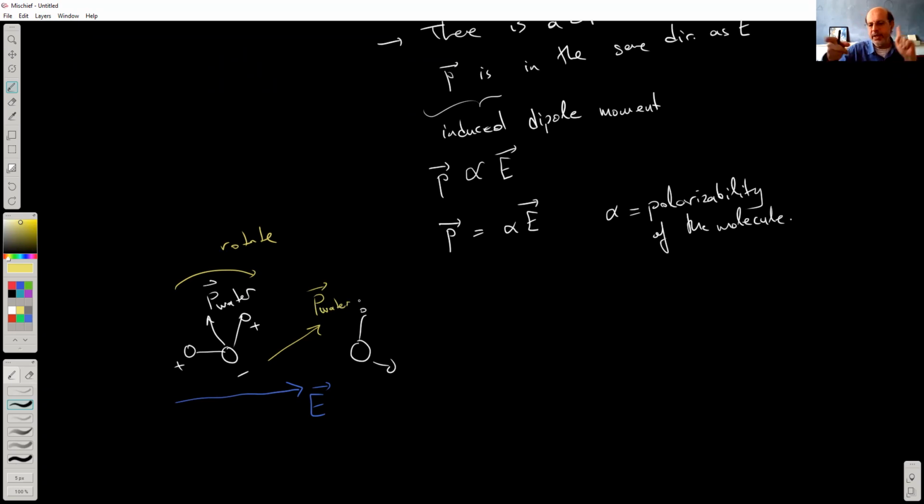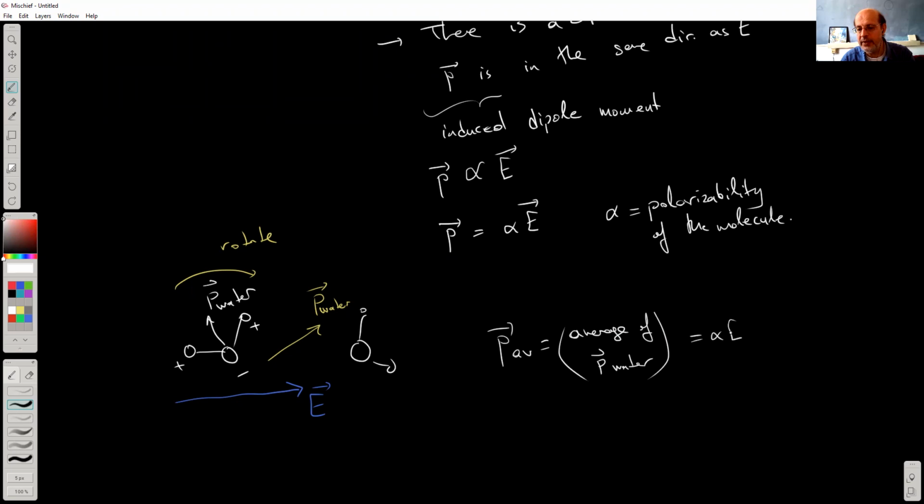But of course, there's some kind of a randomness involved in here. I don't want to go into this part in here. So as a result, you should really be talking about the average dipole moment in here. So this is the P average. That's the average of basically the dipole moments of all of the water molecules. This appears to be also proportional to the electric field.